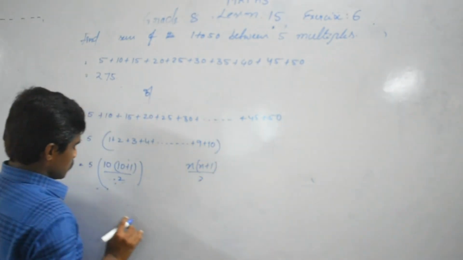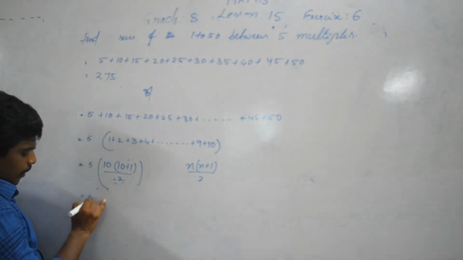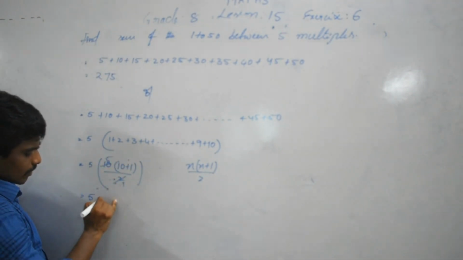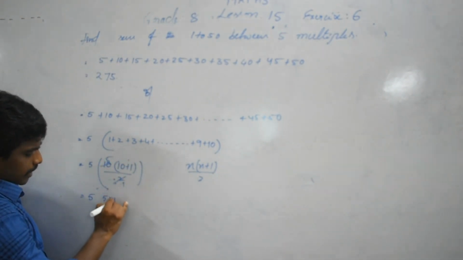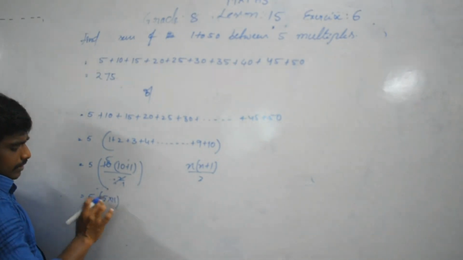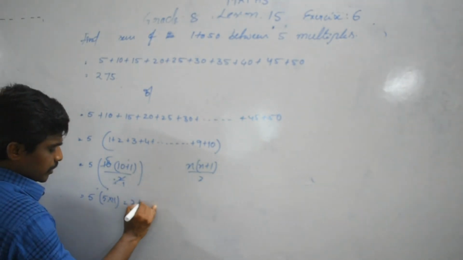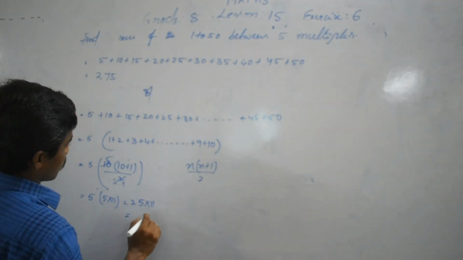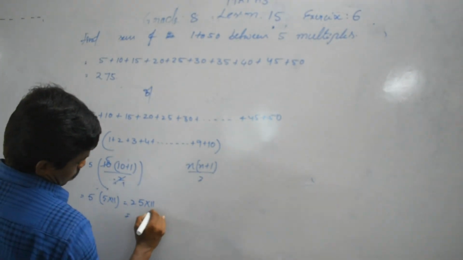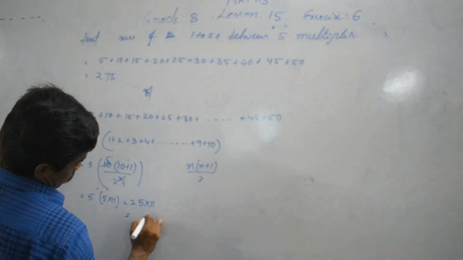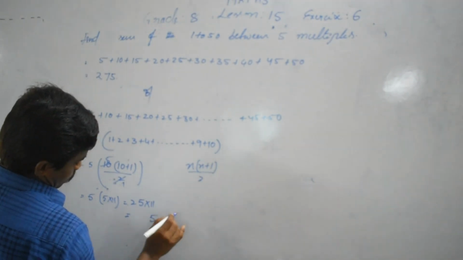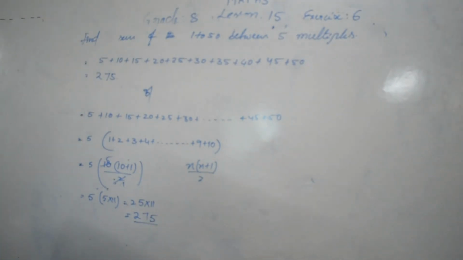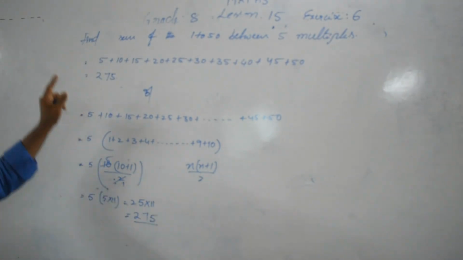So here 5 cross 11, 5 cross 11, that is 55, 11 2 22 plus 7, 275, 275.